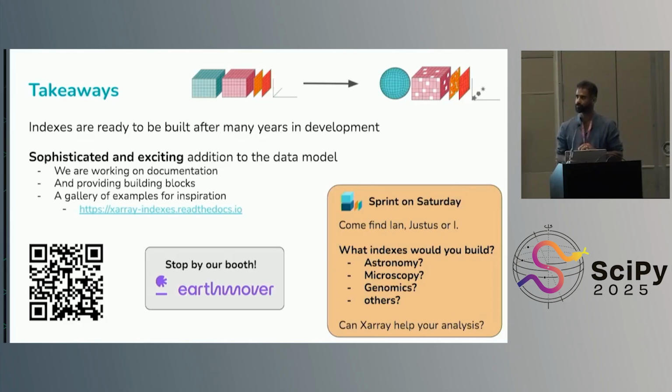Eli asked, how does this affect, if at all, Xarray integration with Dask for computing on chunked data? It does not affect it at all because it's more about the coordinate system rather than the underlying arrays that you're computing on.